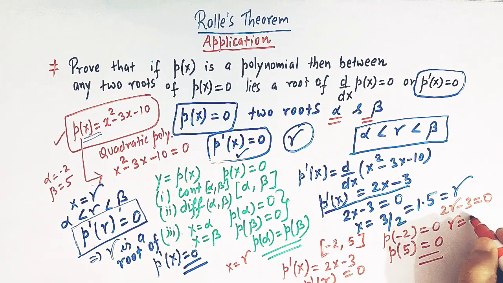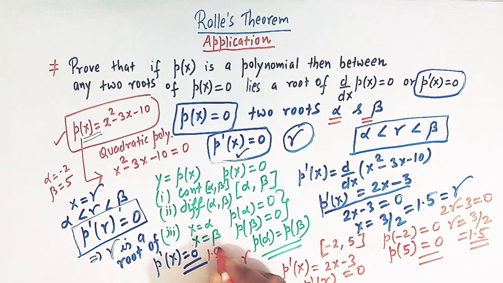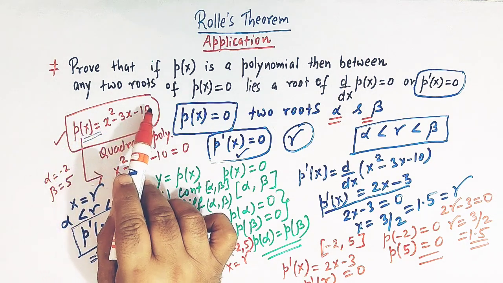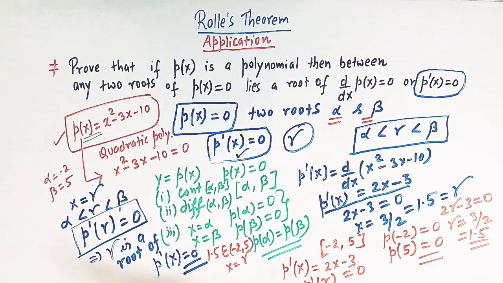So gamma is 3 over 2, that is 1.5. And 1.5 belongs to the interval minus 2 comma 5. So this quadratic polynomial satisfies all the conditions of Rolle's theorem.